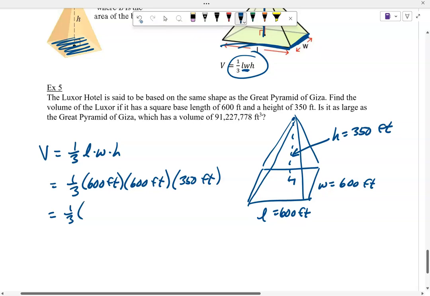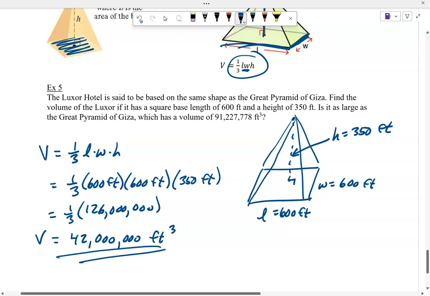So I have a third of 126 million. So I divide that all by 3 and I get 42 million feet times feet times feet, cubic feet. Okay, so here's our Great Pyramid of Giza. Oh, I'm sorry, there's the Luxor. There's the Luxor's capacity or volume.